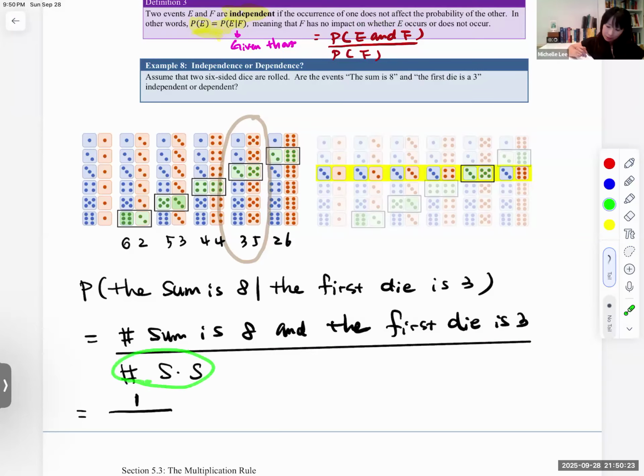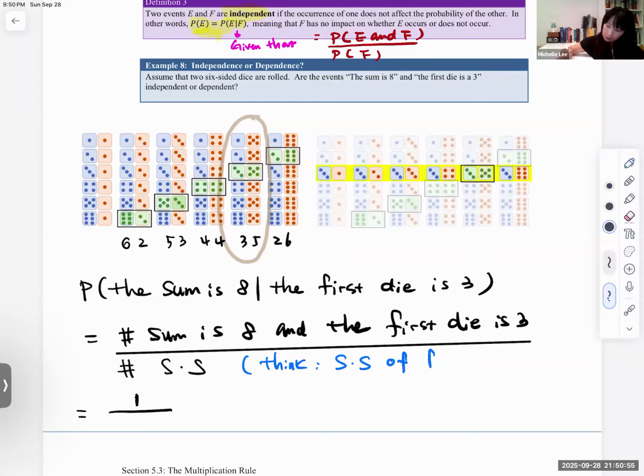And then what kind of sample space do we have to use for the probability of event F? The sample space of the first die being 3. Sorry, why do I keep saying 2?